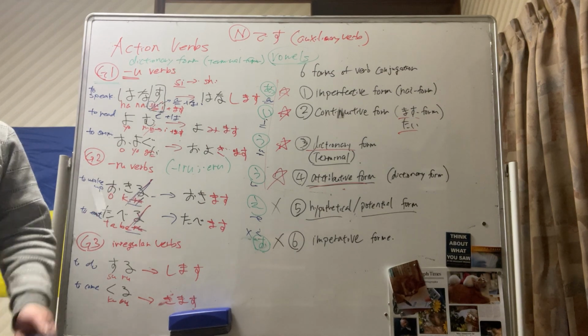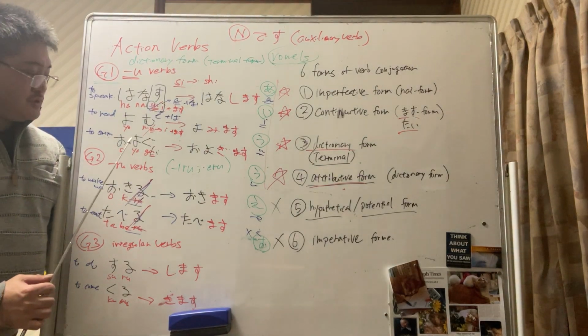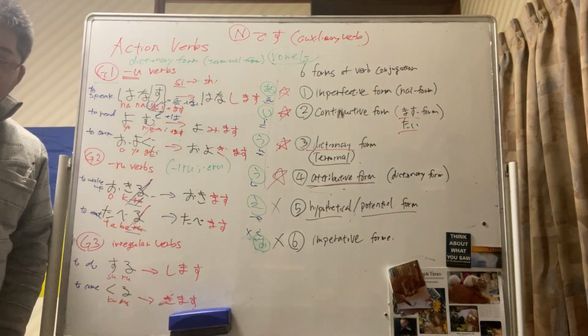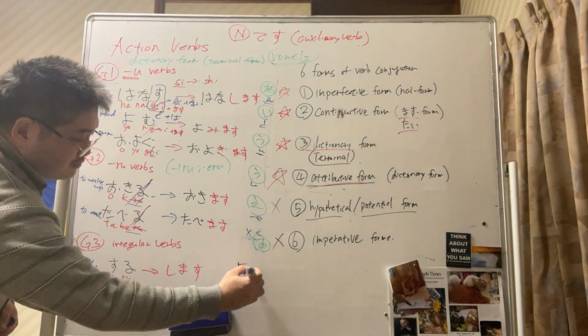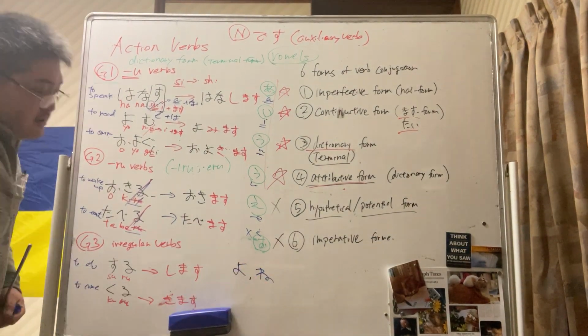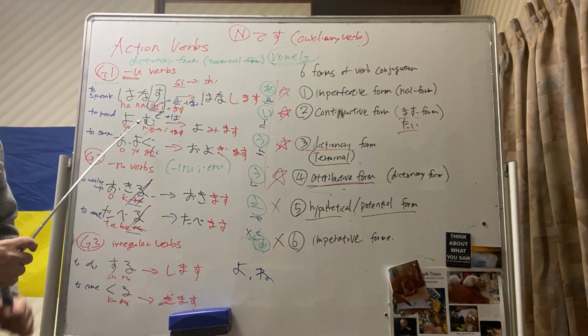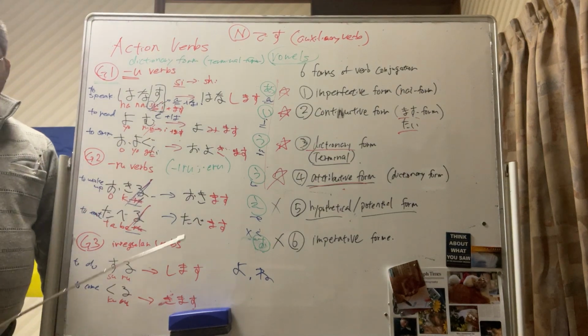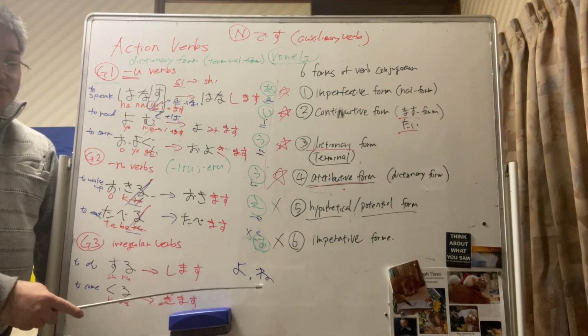Or when you get more advanced, or you probably already use it, the dictionary form plus a suffix like yo or ne. Oh, okay, yeah. So this one softens the term. So yomu yo would be I will read it. It makes it friendlier.